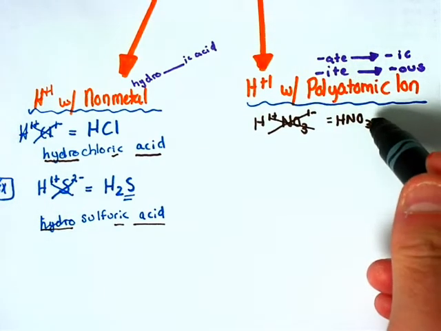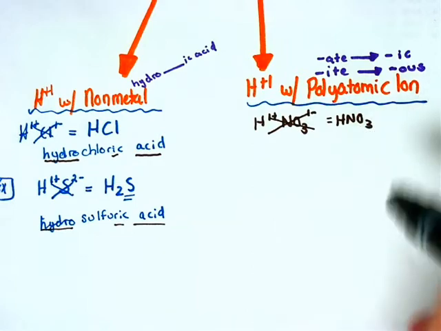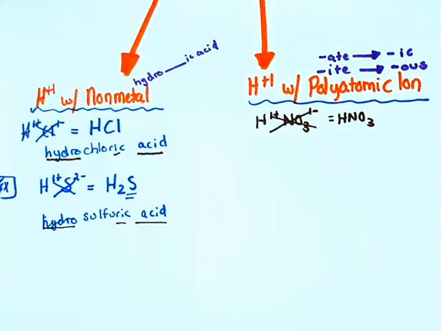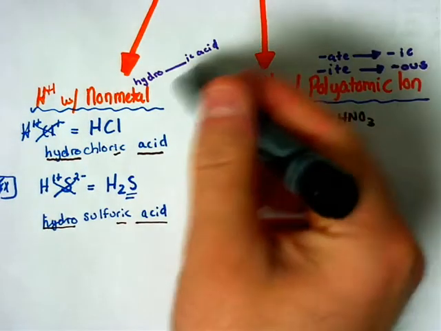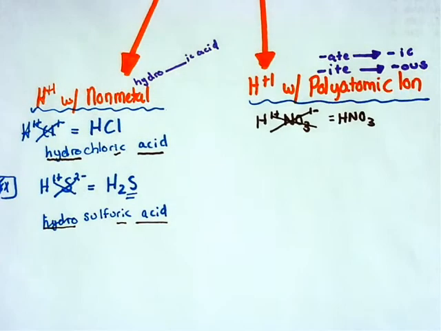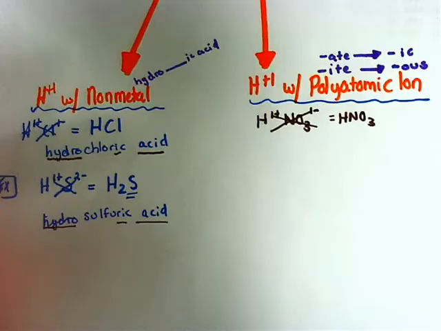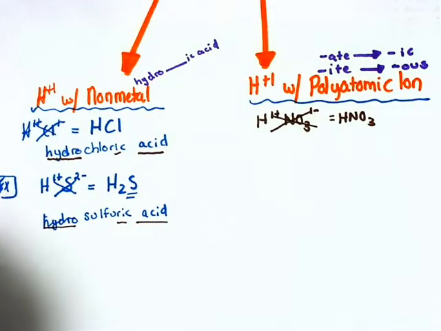You can tell that this NO3 is a polyatomic ion. These guys on the left did not have polyatomic ions, so we used the hydro prefix. We won't use that here. What is NO3? What's its name? Nitrate. And ate becomes what? So instead of nitrate, it would be nitric acid.